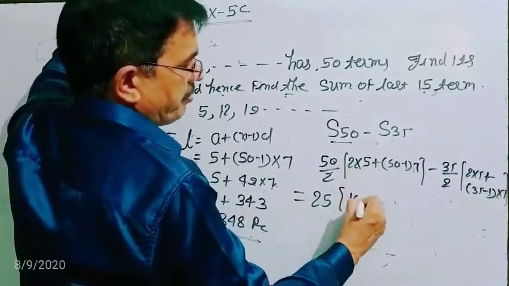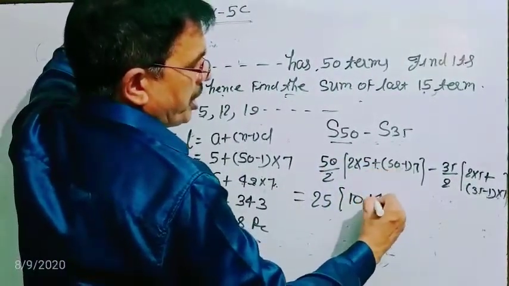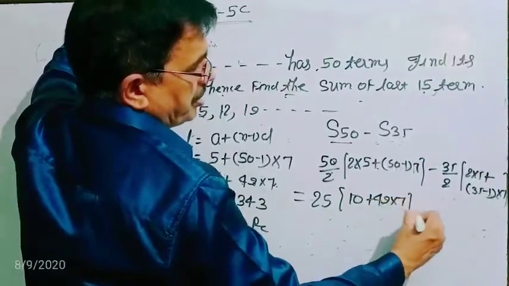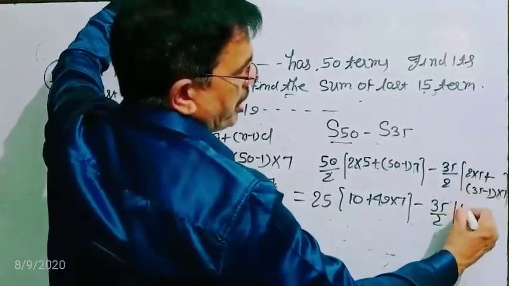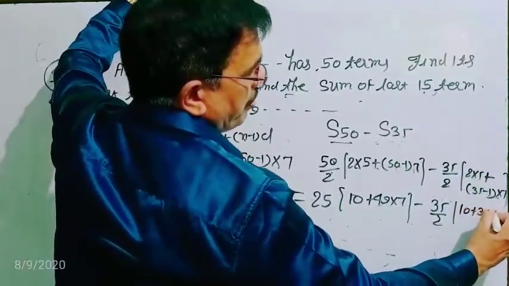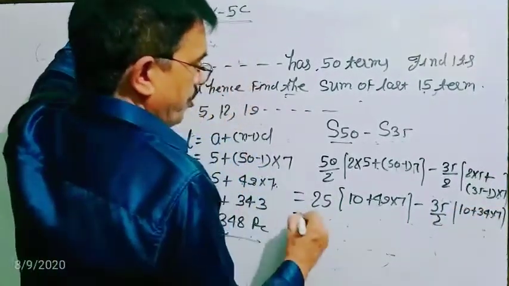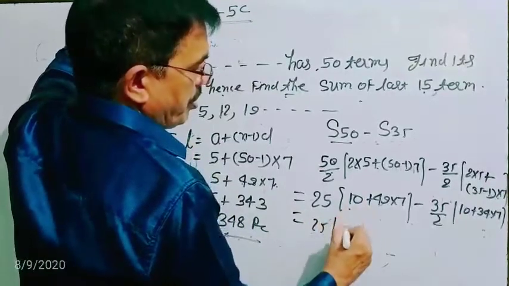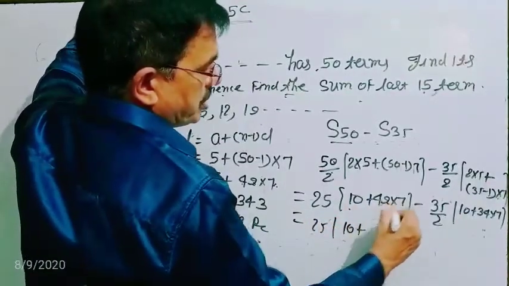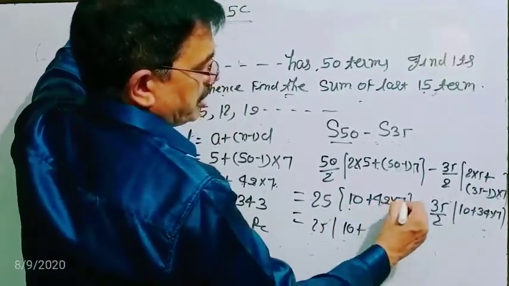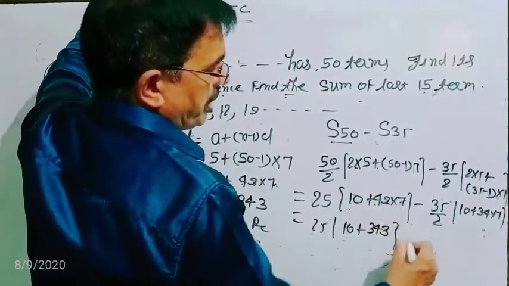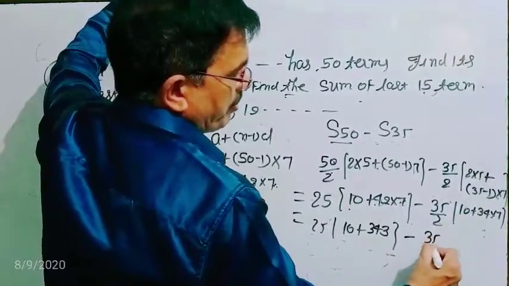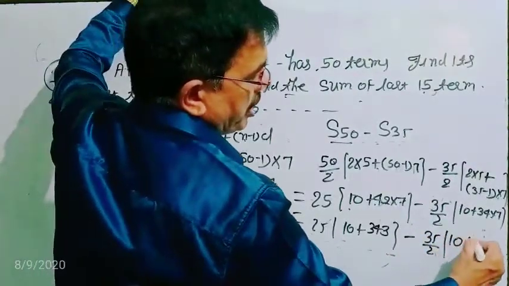Here you get 10. Here you get 49 into 7 minus 35 by 2. Here you get 10 plus 34 into 7. 10 plus 343 minus 35 by 2, here is 10.